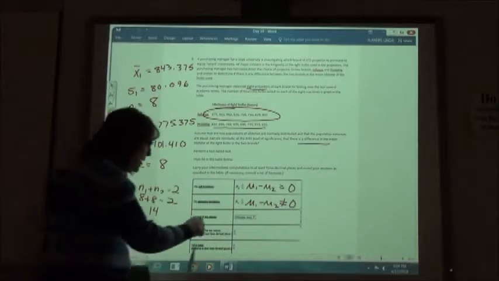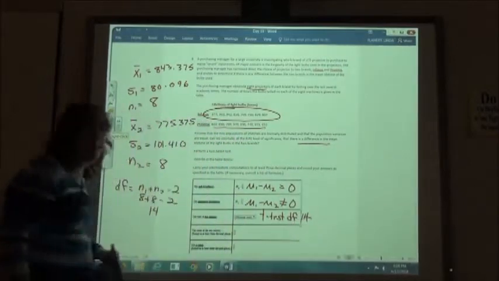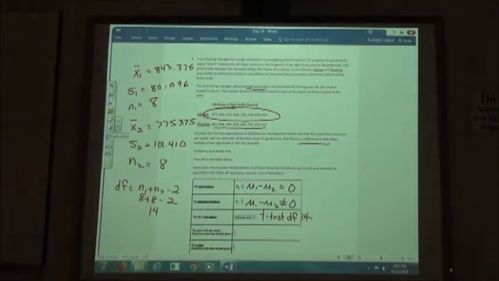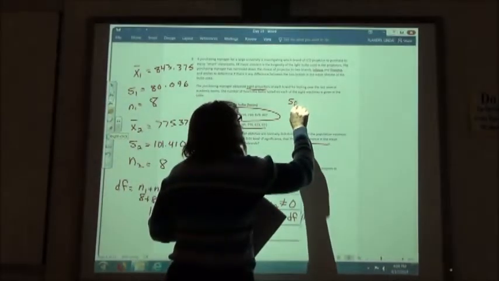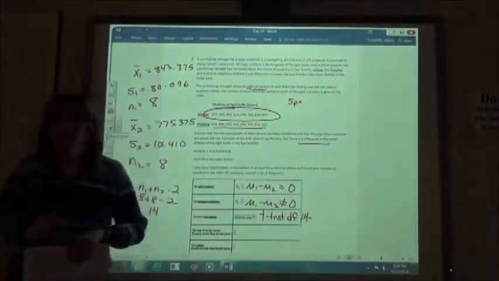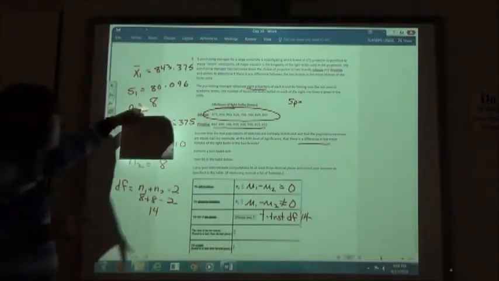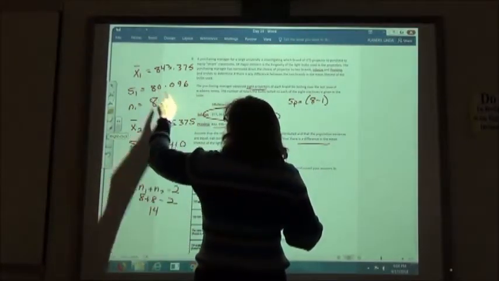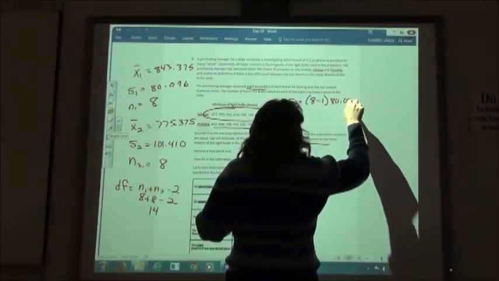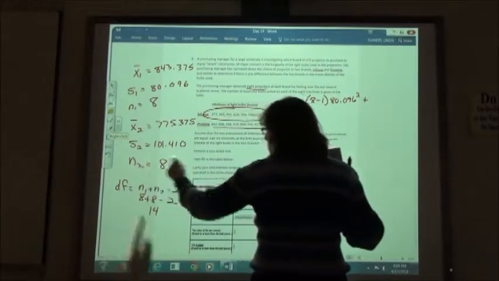So over here, what type of test? We're doing the t-test with the degree of freedom of 14. I'm not leaving myself much writing room. I have to do my first formula, my first formula for my SP. We did N1 minus 1, so 8 minus 1 times the standard deviation squared, 80.096 squared, plus N2 minus 1.